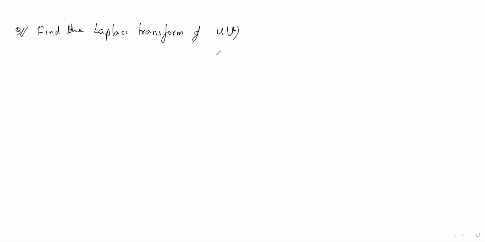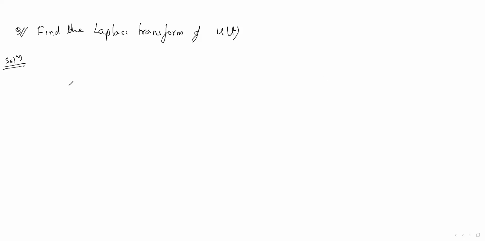Okay, I think all of you know what u of t is. u of t is nothing but the unit step signal. Okay, unit step signal means the signal is present for the positive time duration, and amplitude will be 1.